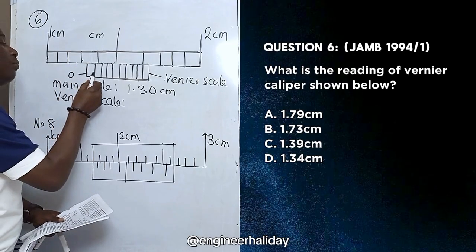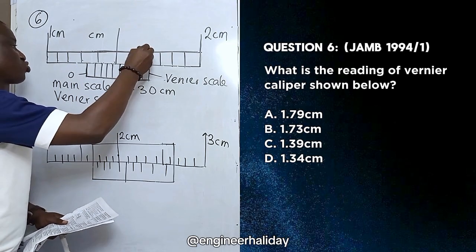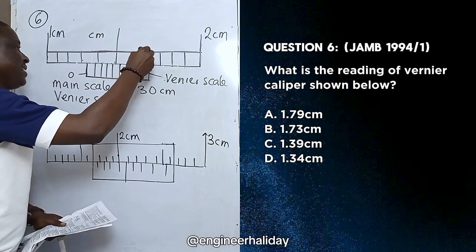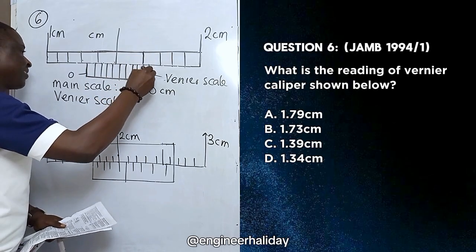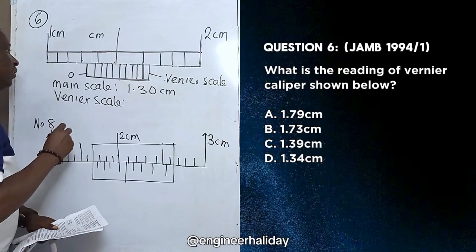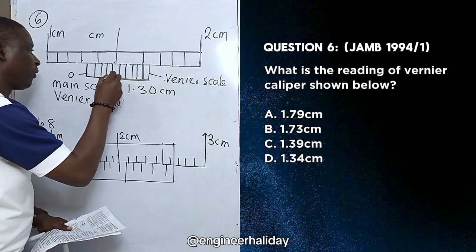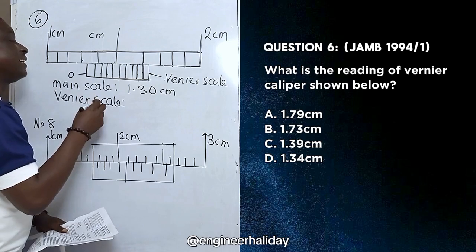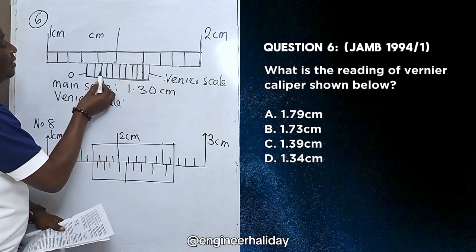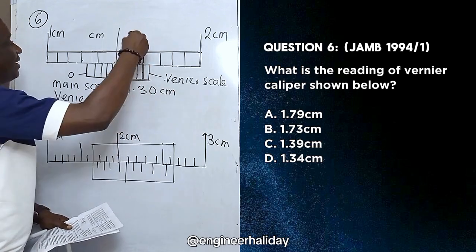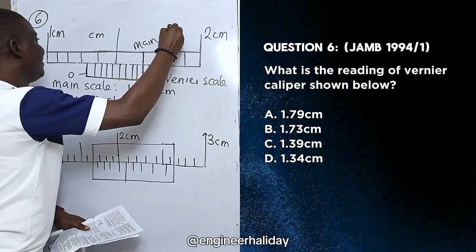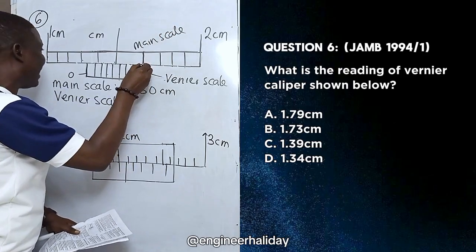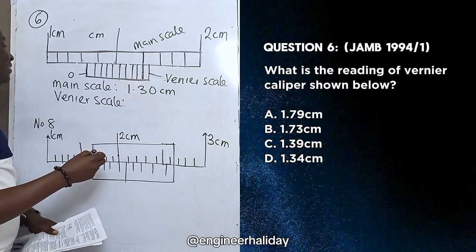So we count the numbers. We stop counting where the main scale and the vernier scale meet. I see one there. So that means 1, 2, 3, 4, 5, 6, 7, 8, 9. The main scale and the vernier scale coincide at the point 0.09.